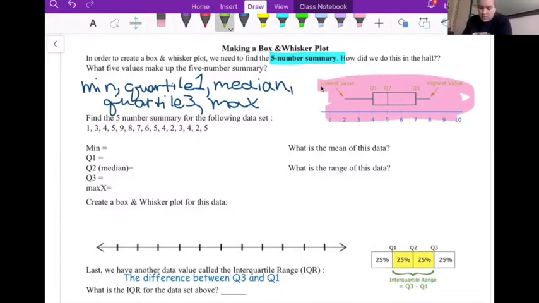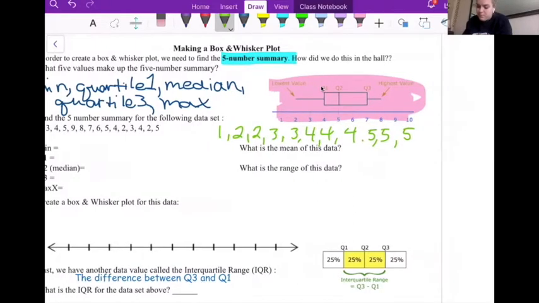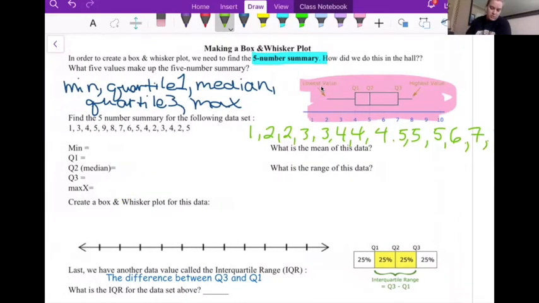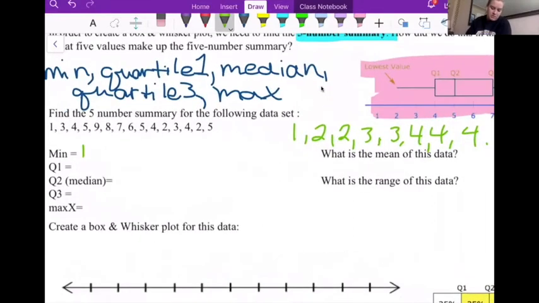So this is going to be 1, we have 2 2s, 2 3s, 3 4s, 3 5s, 6, 7, 8, 9. Okay. So we can tell from this, our minimum value is 1. Our maximum value is 9.